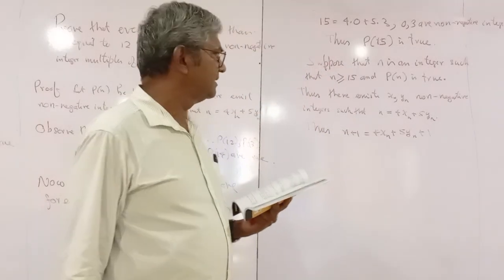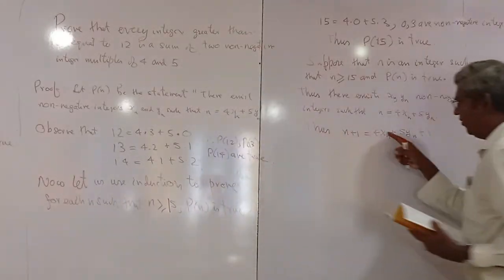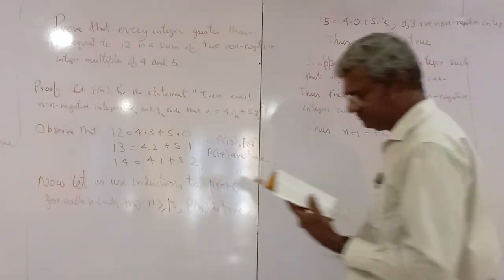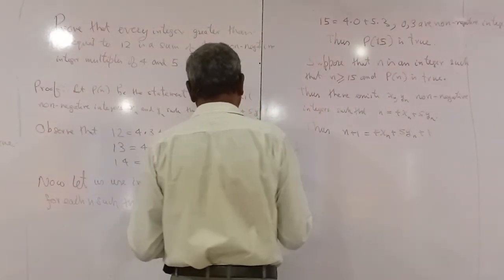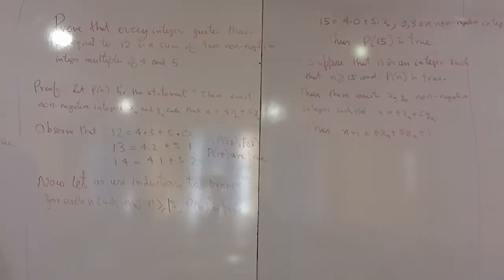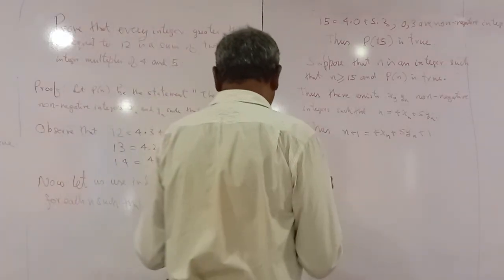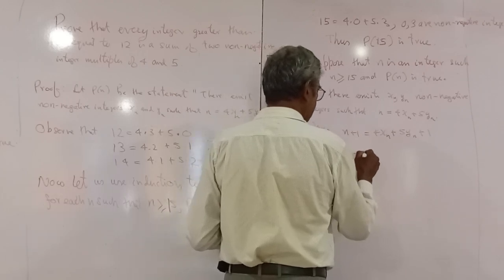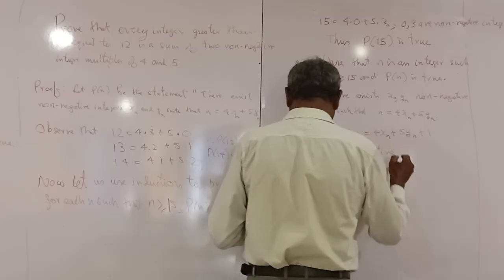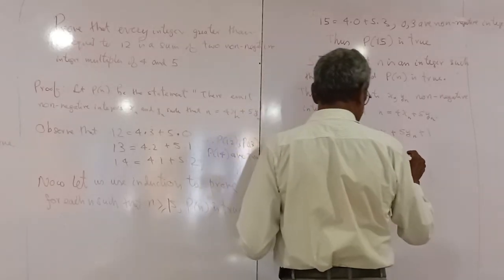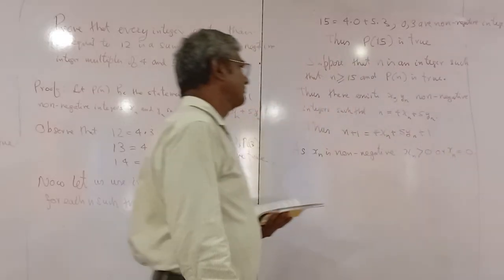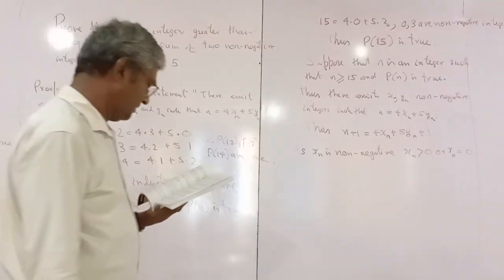Now I want to write this as 4 times alpha_n plus 5 times some beta_n. As x_n is non-negative, x_n is greater than 0 or x_n is equal to 0. So, case 1.